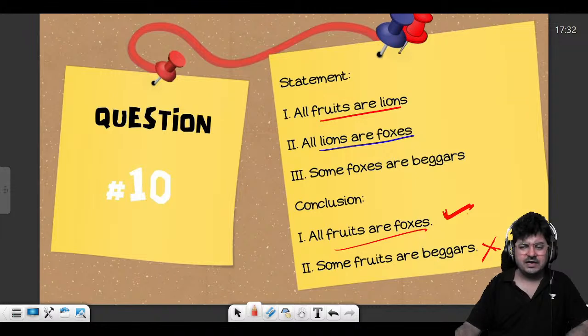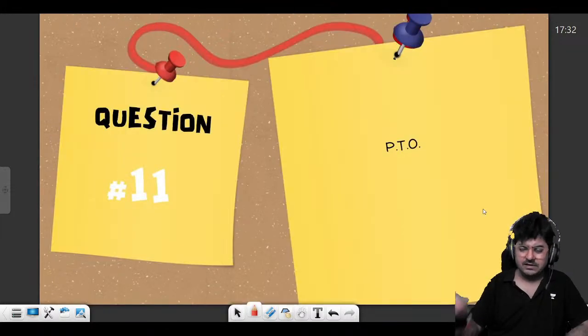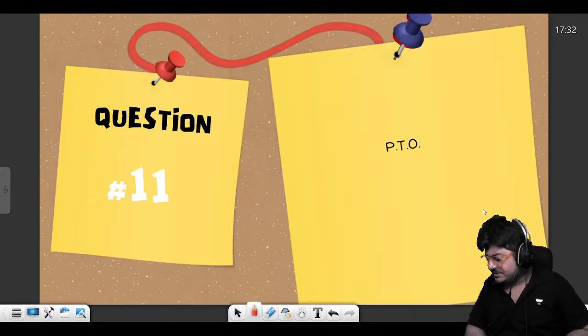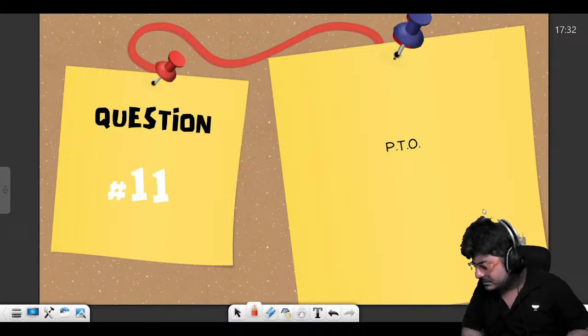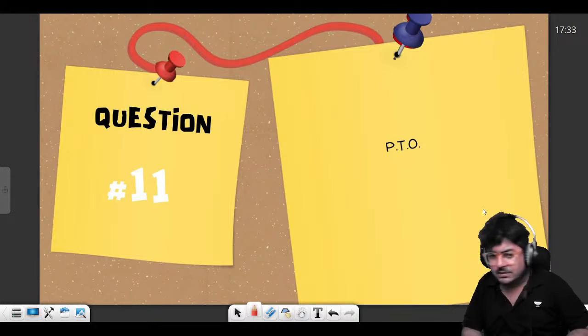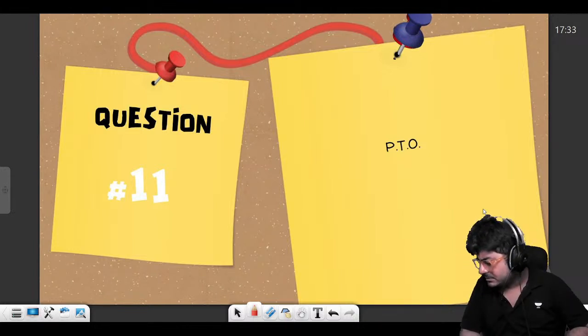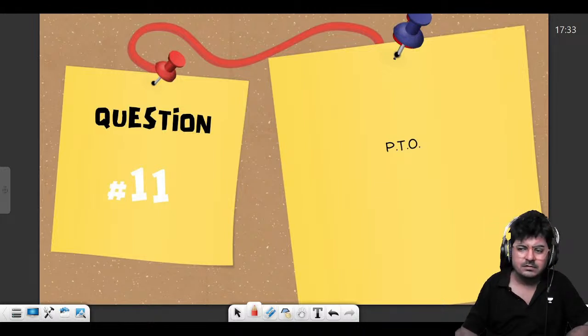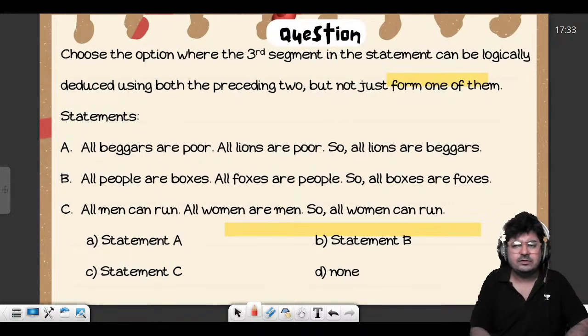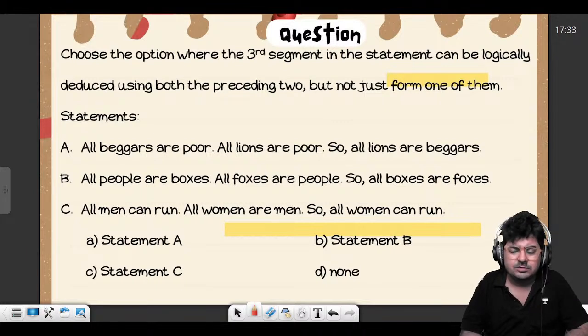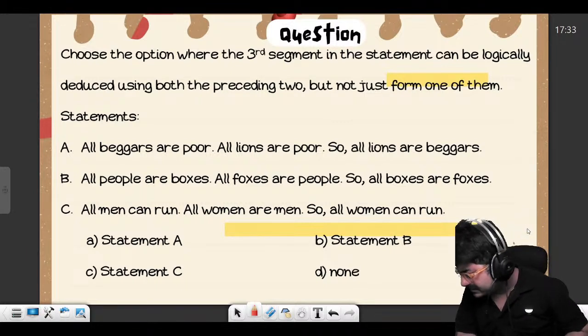Now, next and last question for the day, on this syllogism. Here is the question and options. So you just need to find out option A, B, C, D. Pick one.